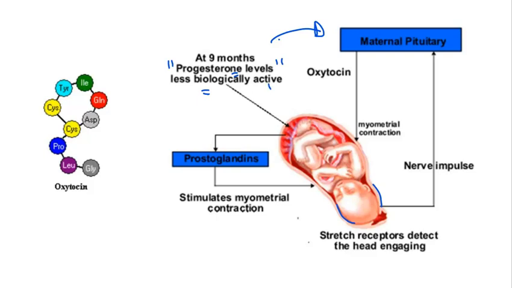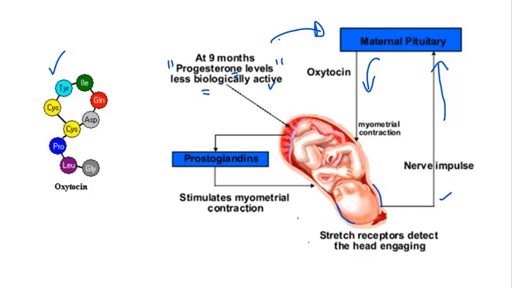So the declining progesterone levels and the stretching of the lower uterus feed back to the maternal pituitary, and in response she produces the hormone known as oxytocin, which itself is quite a small hormone.